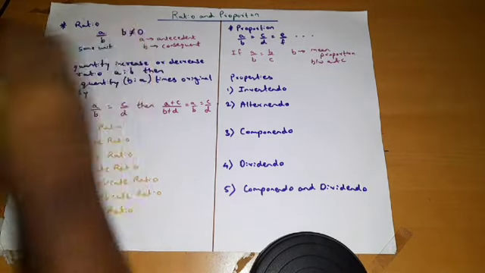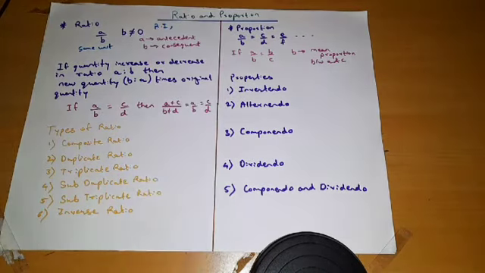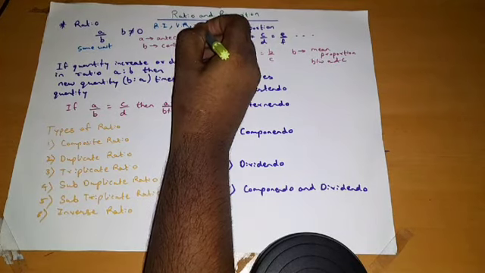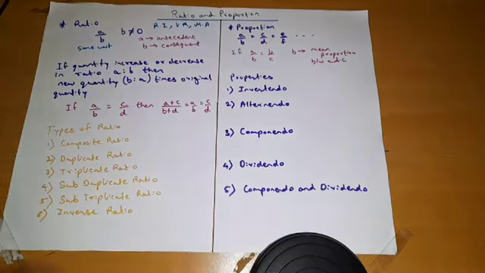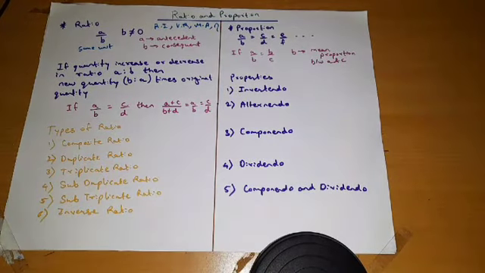Like in physics, we have studied refractive index, speed of light ratio, velocity ratio, mechanical advantage, efficiency, etc. There are a number of examples in which same type of quantities are divided, giving a unitless quantity. We get the ratio.